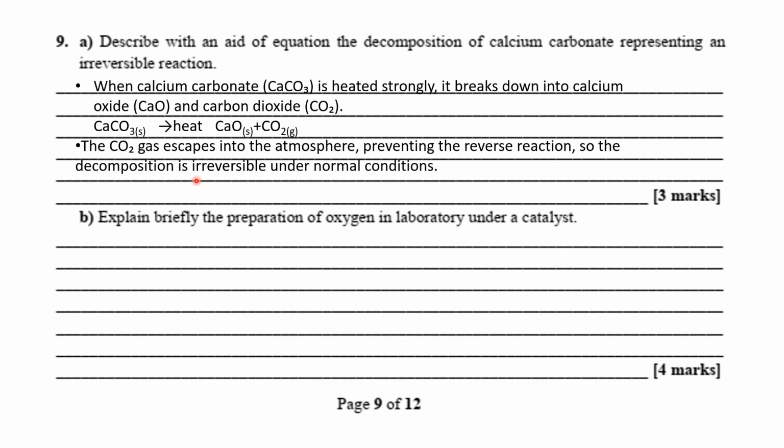So the decomposition is irreversible under normal conditions. So what we are saying is this carbon dioxide will go. So the calcium oxide will be the only product remaining in the reaction vessel. So there's nothing that can combine with calcium oxide to form back carbonate. Therefore, it is an irreversible process.